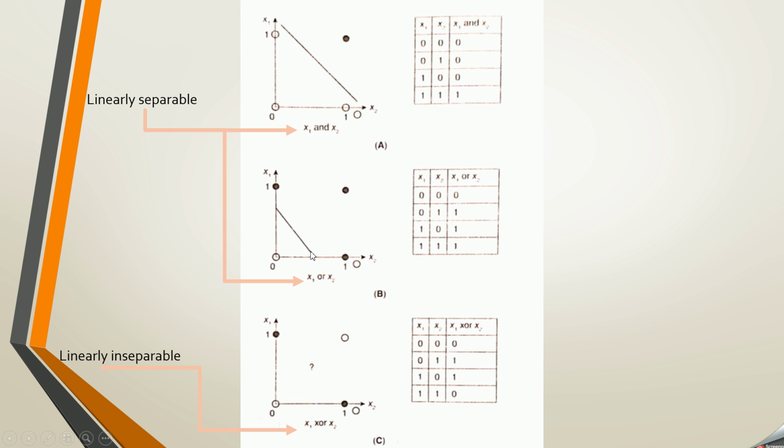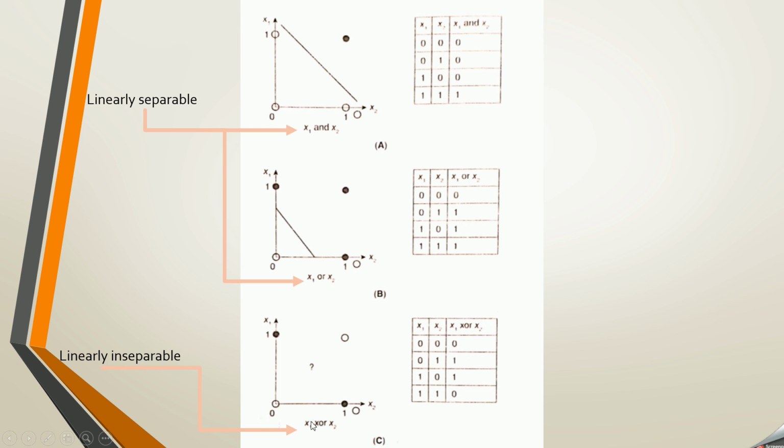So they are linearly separable. But when you consider XOR, and we are interested in XOR, it is not possible to draw a line that can classify both these classes or the data points distinctively. So they are linearly inseparable.